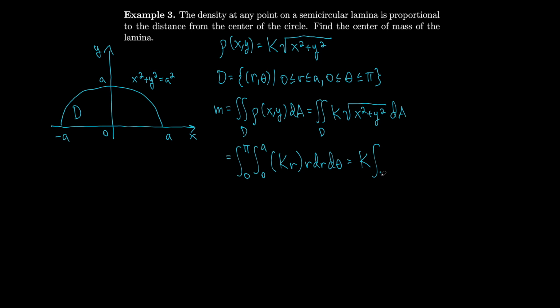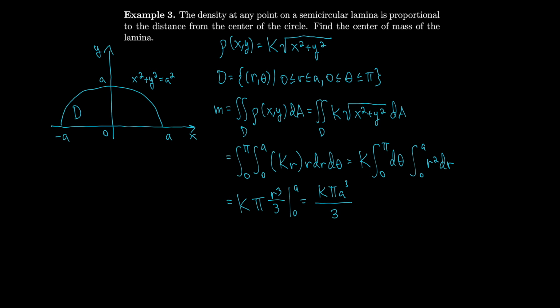So we can separate our integral into the integral from 0 to pi of d theta times the integral from 0 to a of r squared dr. So that's just k times pi for the d theta, and then r cubed over 3 from 0 to a, which is k pi times a cubed over 3. So that's our total mass.